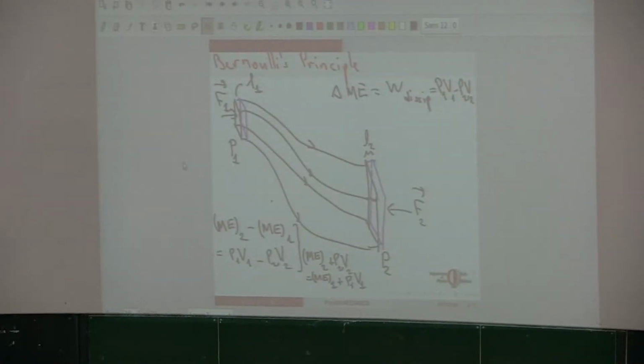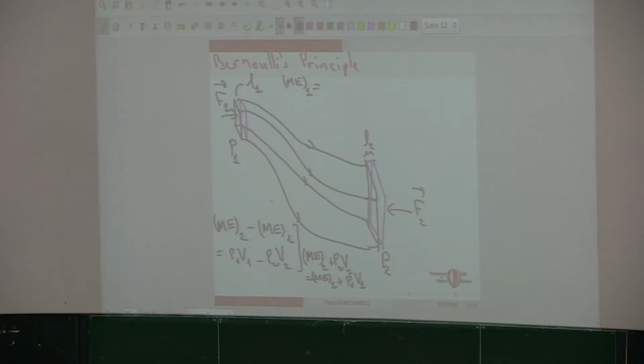So this is what we have. Let me just erase these parts. Now, let me write the mechanical energy. We said that we have two different parts, the kinetic energy and the potential energy.